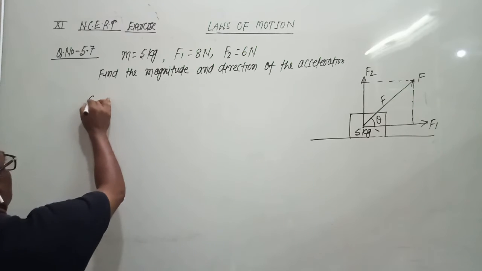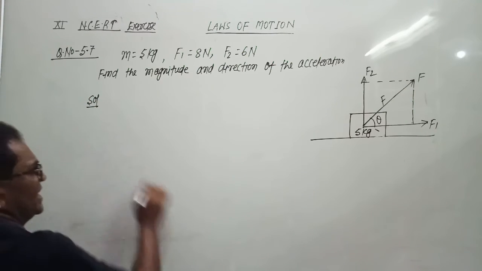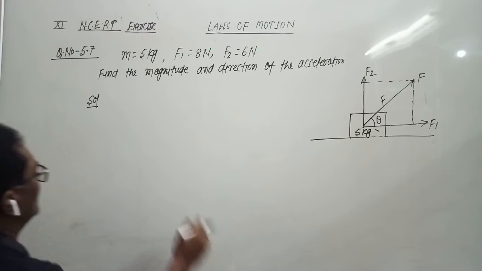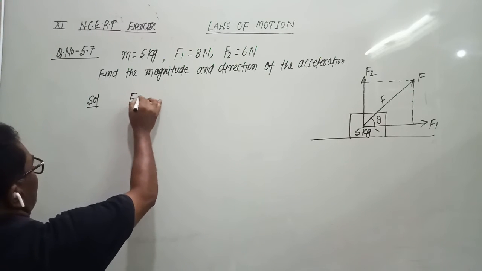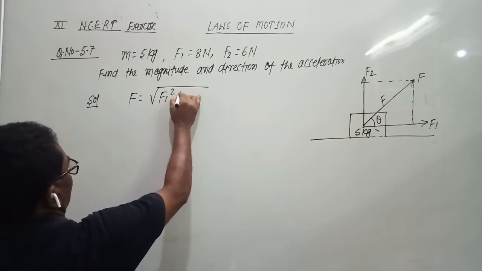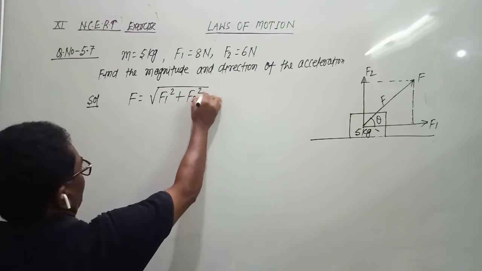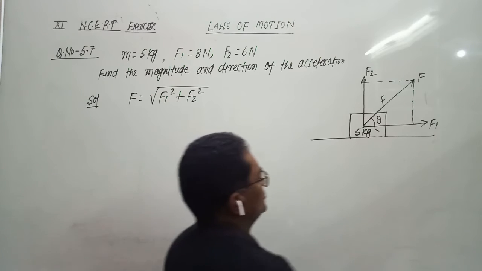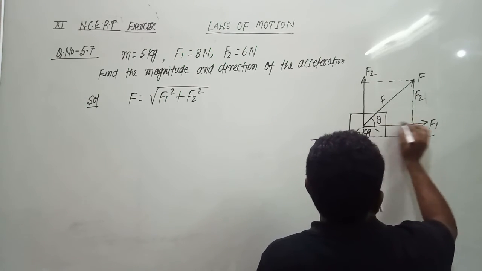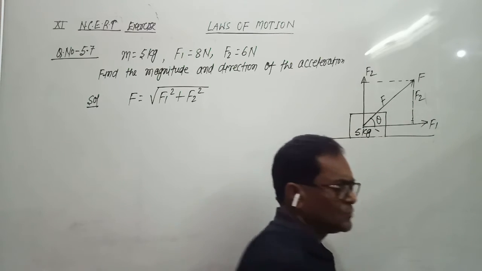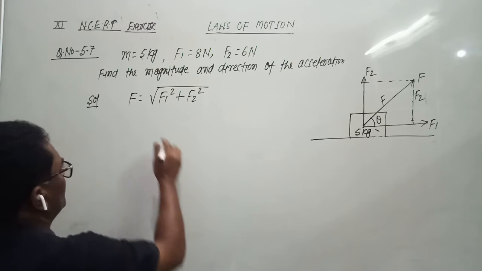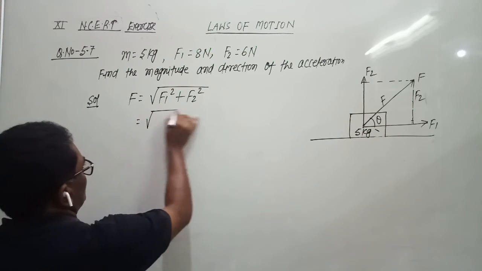Since these are the two forces, F1 and F2, we calculate the resultant force. The resultant force is calculated using Pythagoras theorem: F equals under root of F1 square plus F2 square.